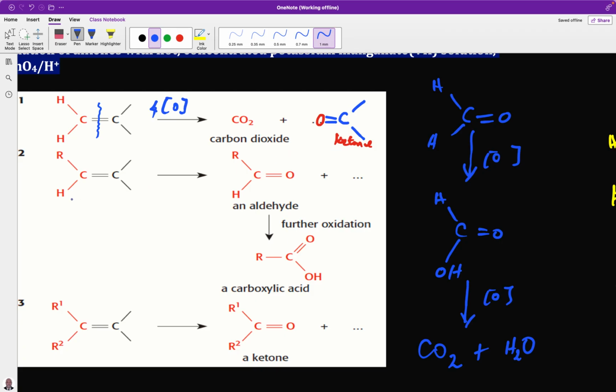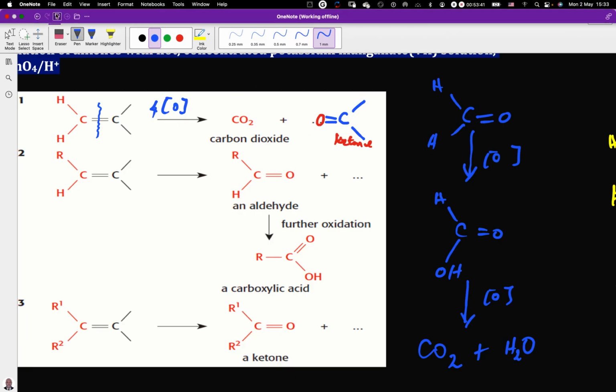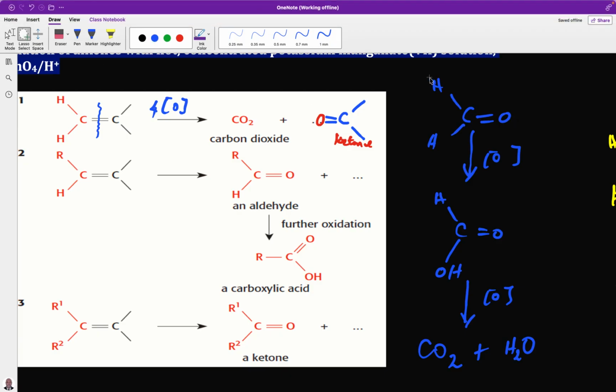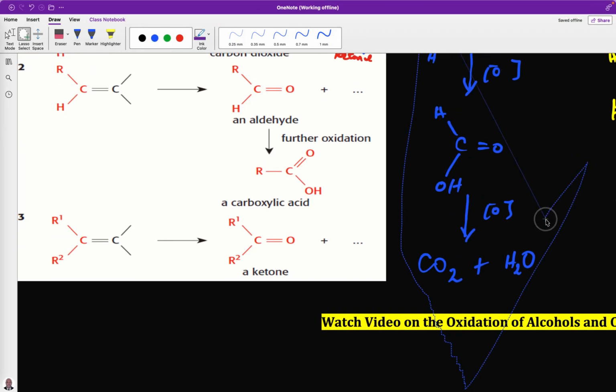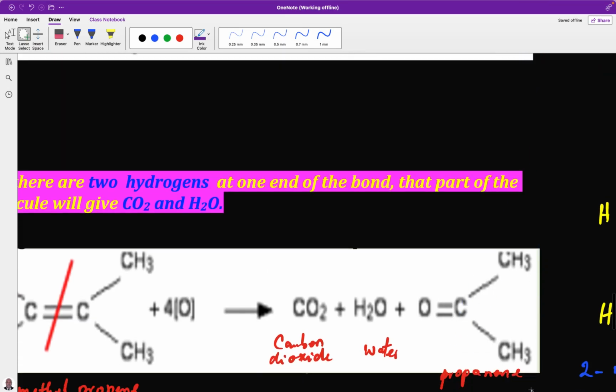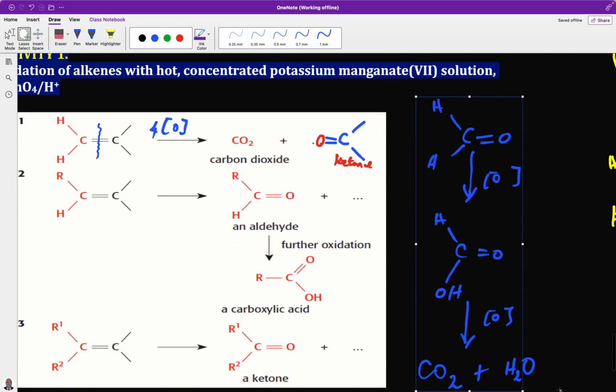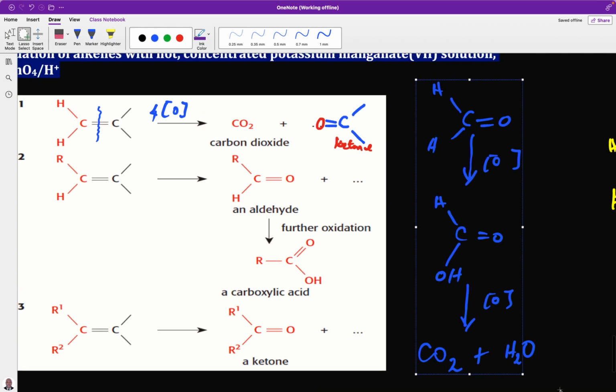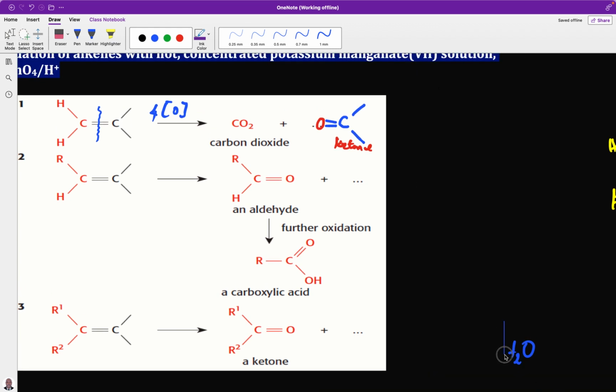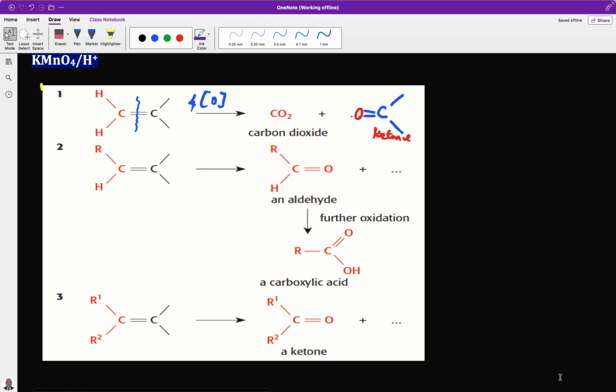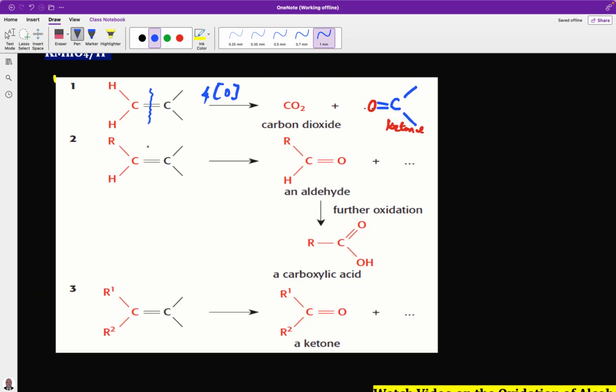Now let's go to this second one here. I will need to wipe this. Oh, sorry. Okay, let's go to the second one where there is a carbonyl, where there is an alkyl group and a hydrogen atom.